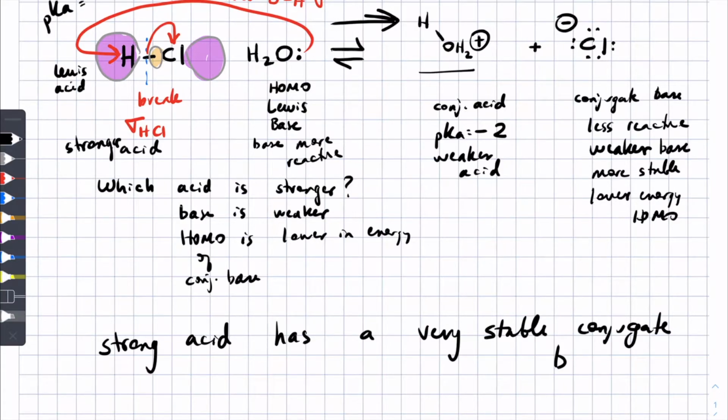So can you think of a reason why Cl minus might be more stable, less reactive, have a lower energy HOMO than does water? Go ahead. Octet rule? Okay, what are you thinking? Okay, so Cl minus does have a full shell.